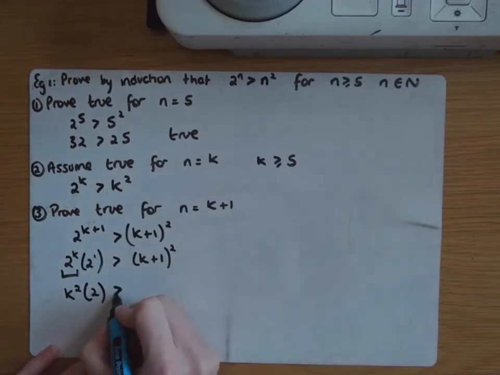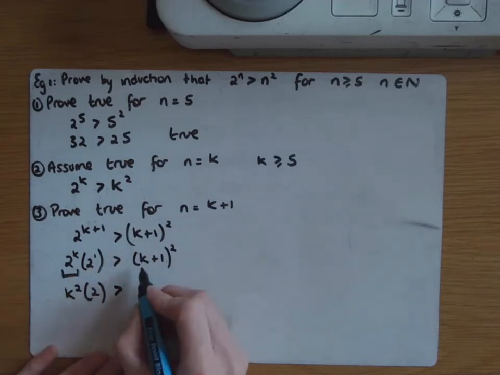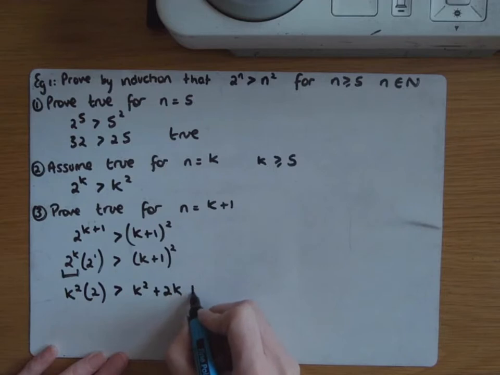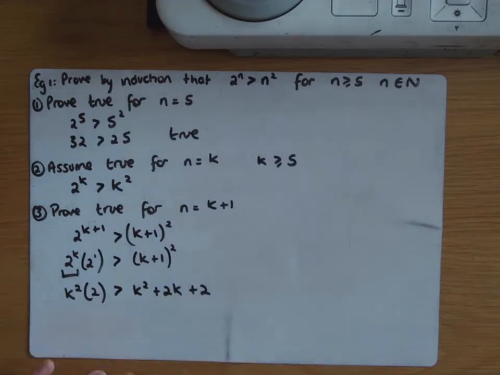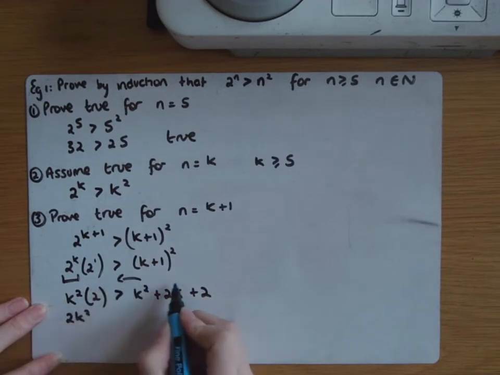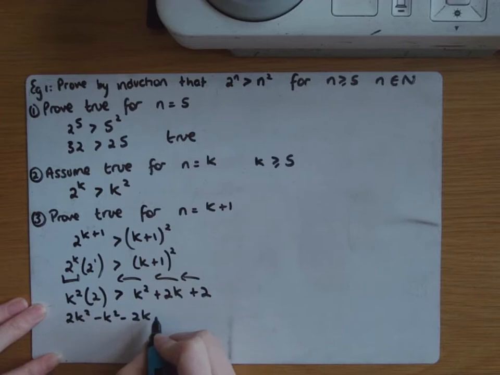And that is bigger than, I'm just going to work this all out here. So square the first, product of the two multiplied by 2, square the last. So what I end up with is 2k squared, bring all of these over, minus k squared minus 2k minus 1 is greater than 0.